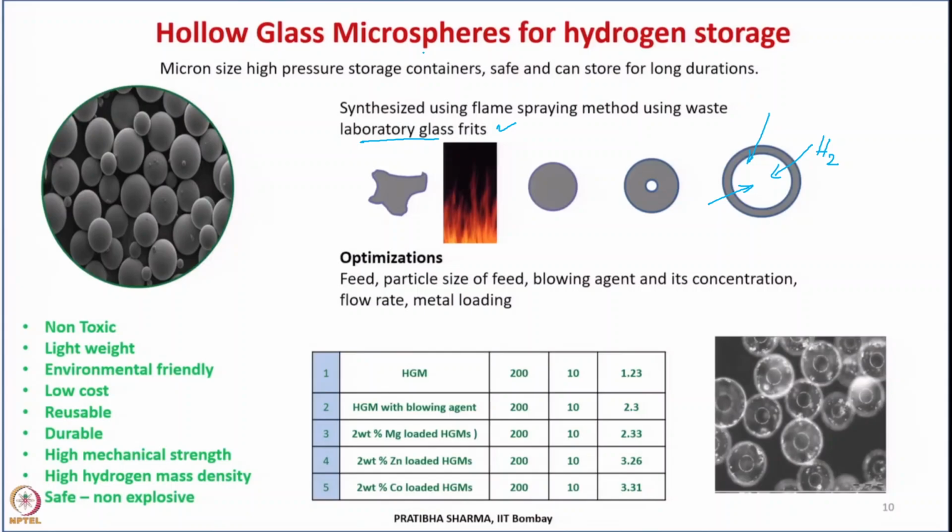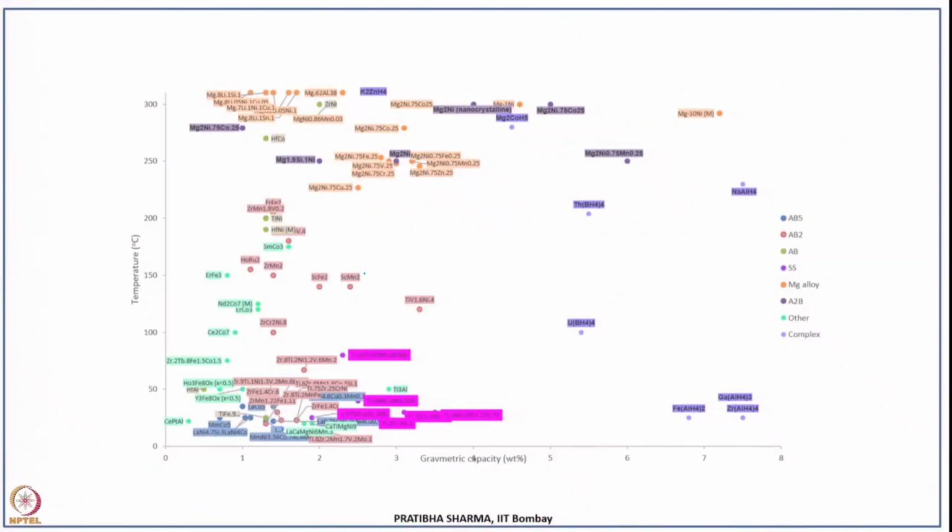Why are they so important? Because they are non-toxic, lighter weight, environmentally friendly, low cost, reusable, durable, with high mechanical strength, high hydrogen mass density, and safe, non-explosive. That's why they are important, and that's why there is some trend for exploring this type of material.